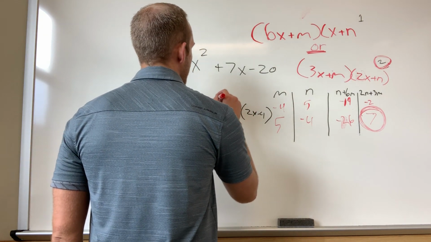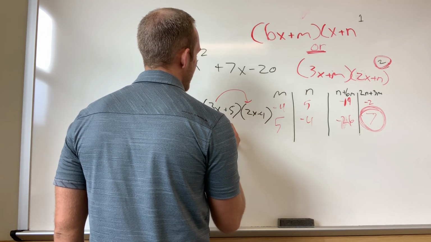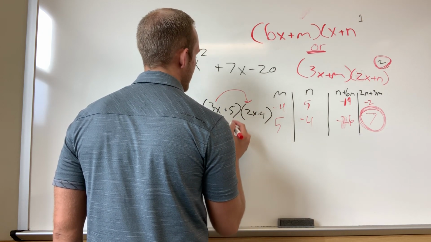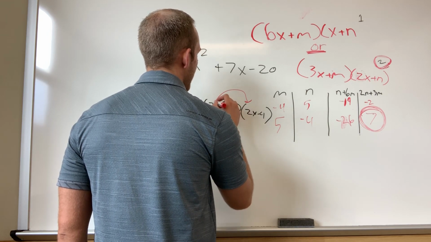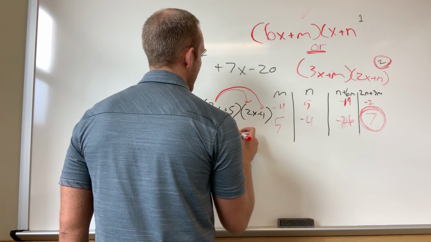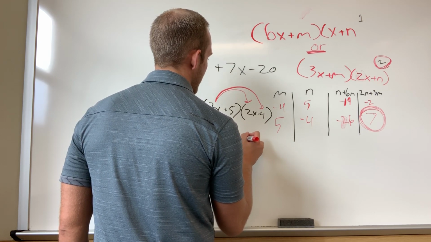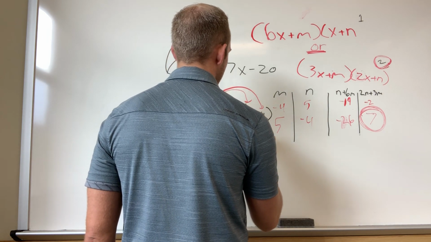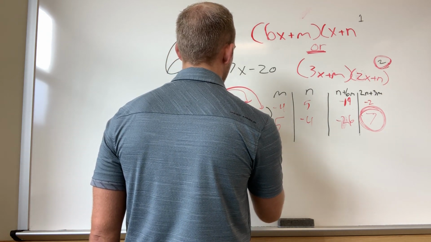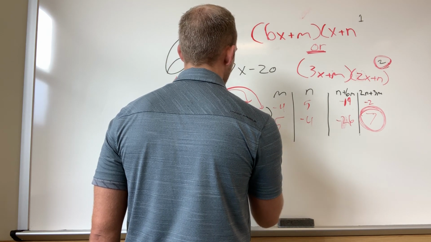All right, so first, 3x times 2x is 6x squared. Outer, that's going to be -12x. Inner, that's going to be plus 10x.